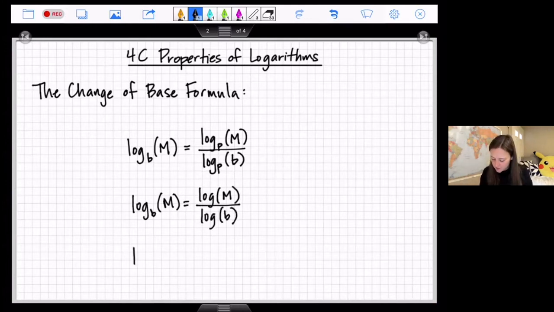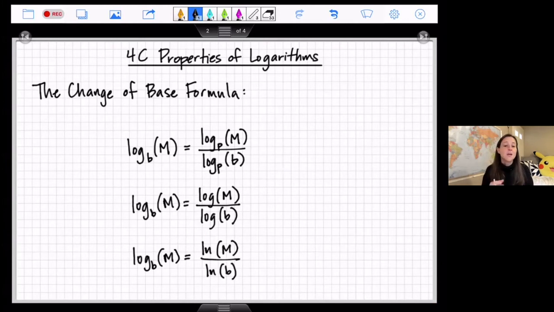It's telling us that the log base b of m is equal to the natural log of m over the natural log of b. And you can actually pick either one of these and they will evaluate these logarithms for you. So this is actually really helpful when you're trying to find the log base 4 or the log base 7 of something. Most calculators will not do that for you very easily. Either you have to go find the special log base button in a weird menu buried somewhere, or your calculator just flat out won't do it because it's assuming you know this formula.